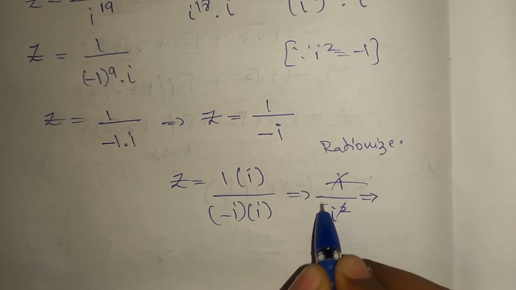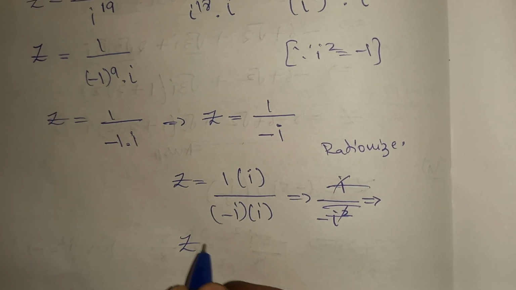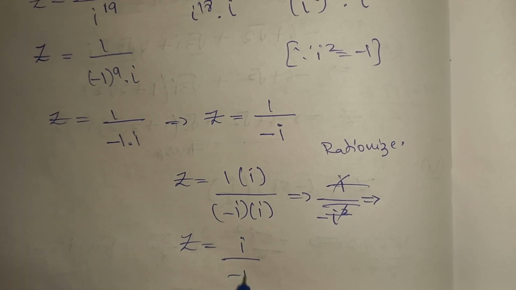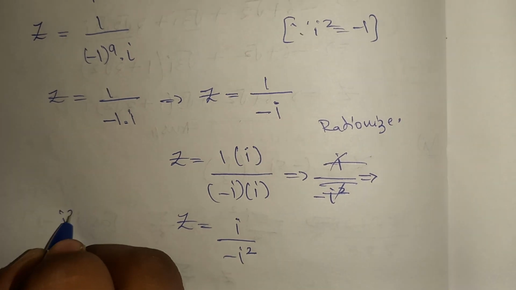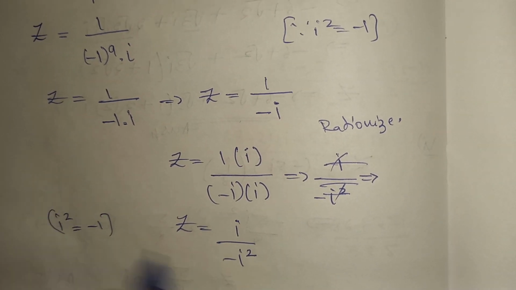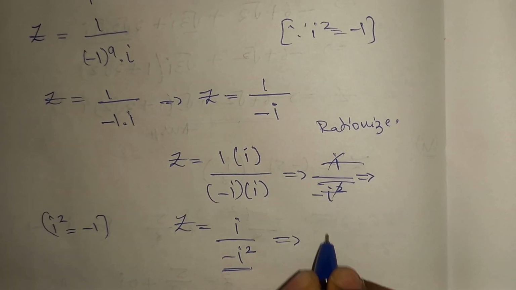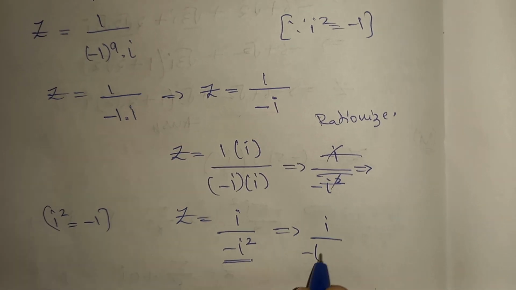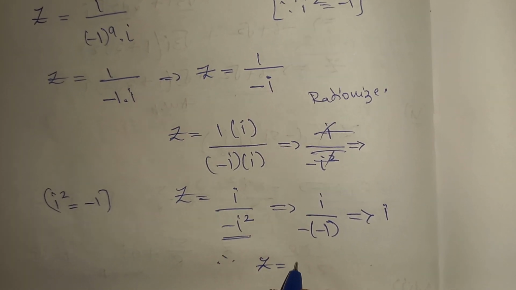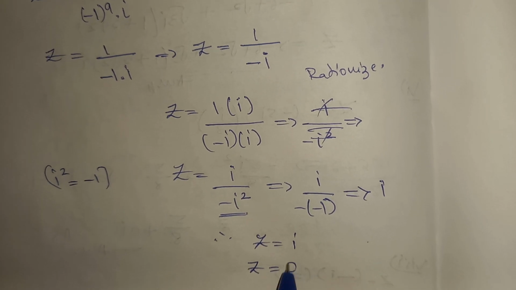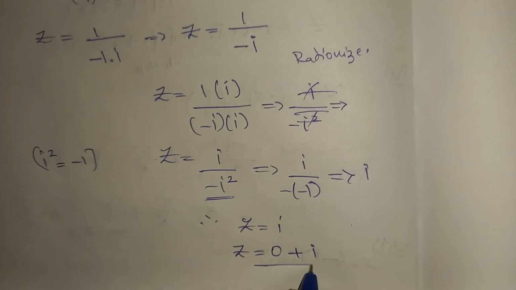We will not cancel this, we will write it as z is equals to i by minus i square. Now, we know that the value of i square is nothing but minus 1. We will substitute here. We will get it as i by minus of minus 1, which will be equals to i. Therefore, z is equals to i, which is nothing but z is equals to 0 plus i.